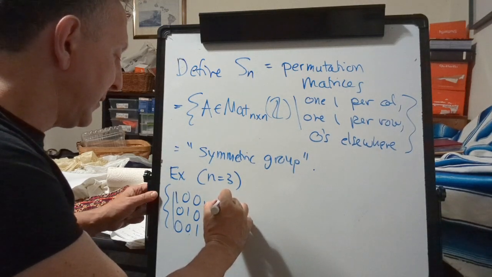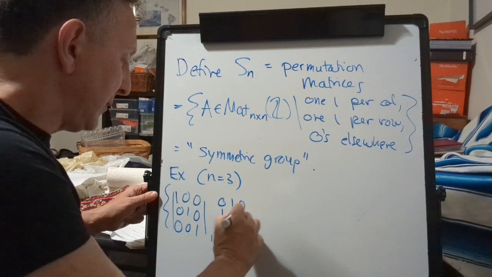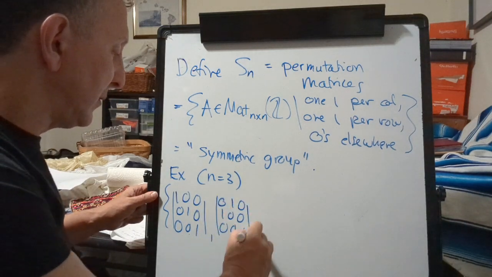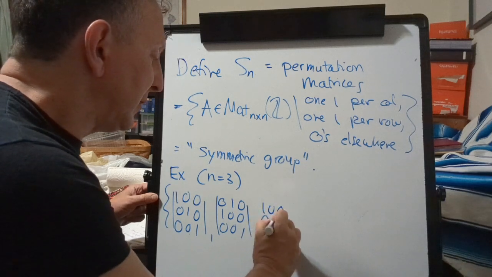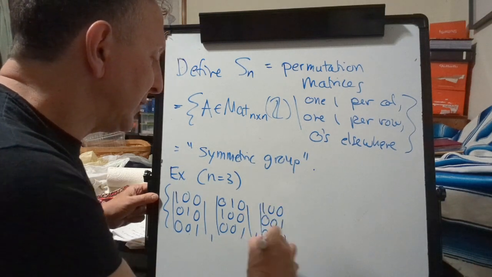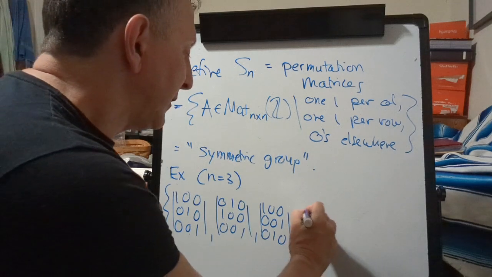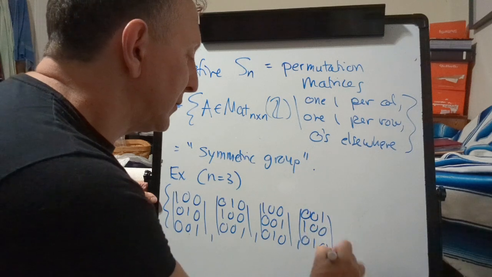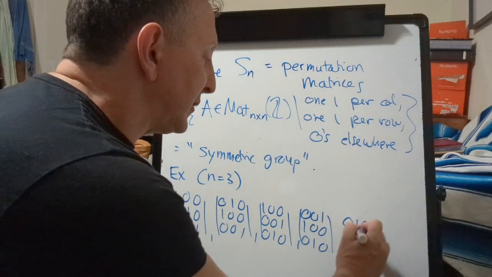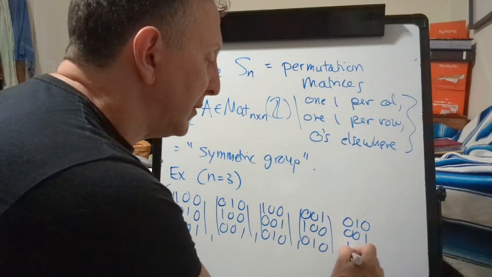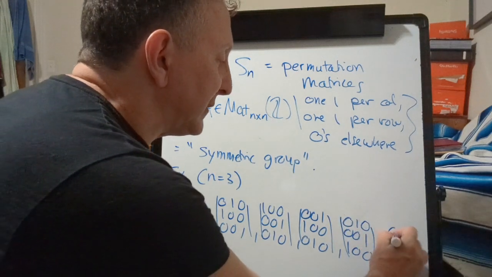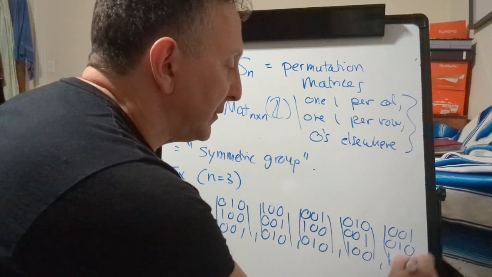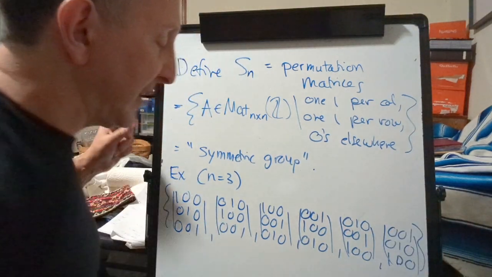We have the matrices 0, 1, 0, 1, 0, 0, 0, 0, 1; 1, 0, 0, 0, 0, 1, 0, 1, 0; 0, 0, 1, 1, 0, 0, 0, 1, 0; 0, 1, 0, 0, 0, 1, 1, 0, 0; and 0, 0, 1, 0, 1, 0, 1, 0, 0, with the ones on the anti-diagonal there.